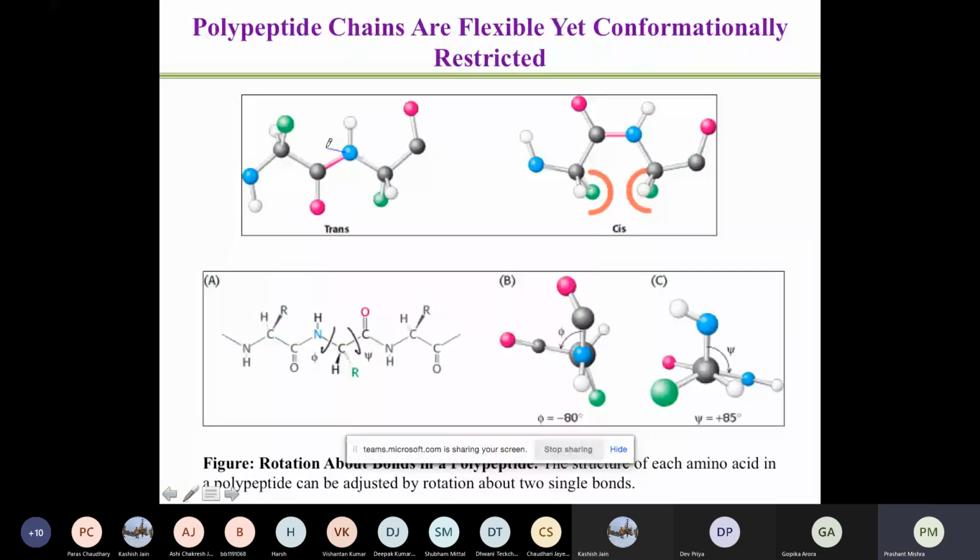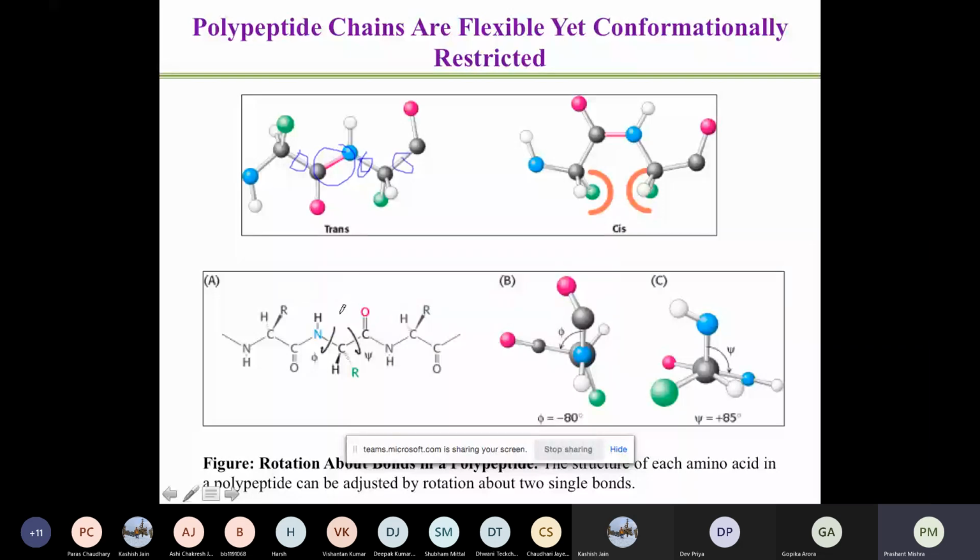So this is the peptide bond, which is a restricted bond, whereas this bond and this bond could be flexible. The bond between CO and NH is the fixed one, and the one between N and CH, and the one between C and CH, are flexible.